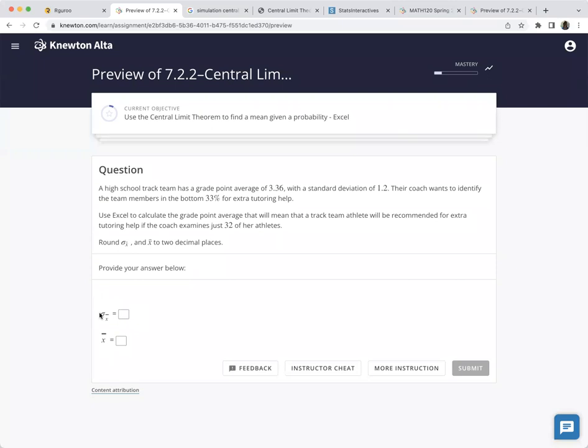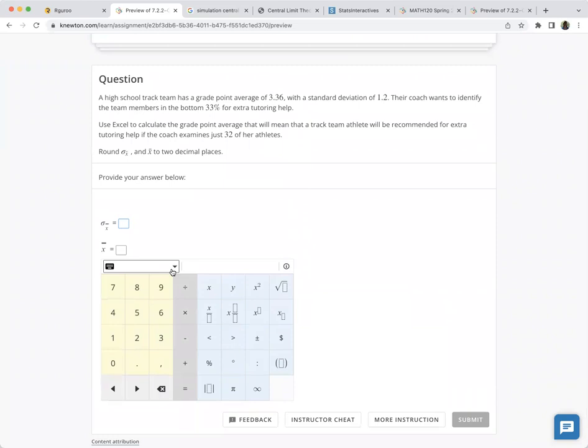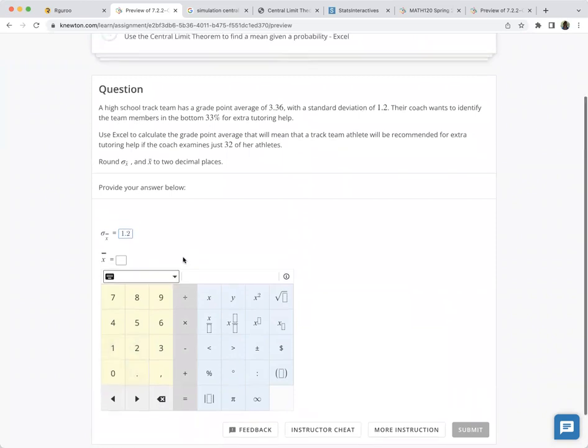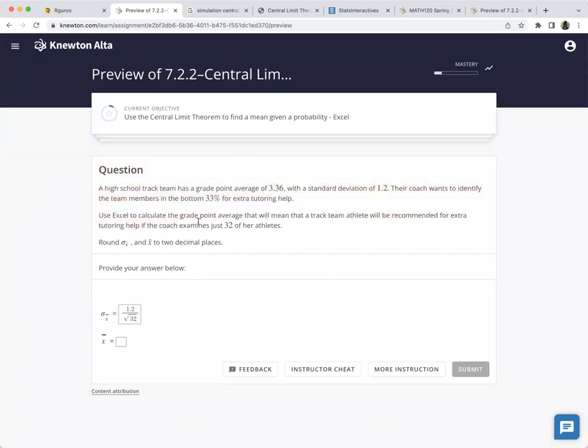Questions here are the standard deviation of the distribution of the means and the mean. So again, use the central limit theorem. This is the standard deviation of the population over the square root of the sample size, and the sample size is 32.